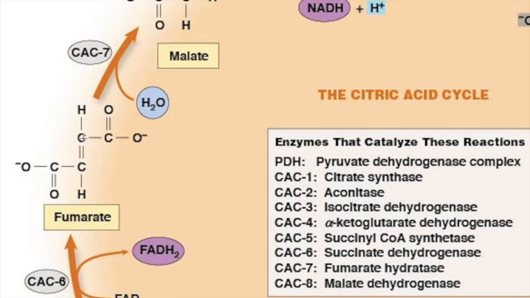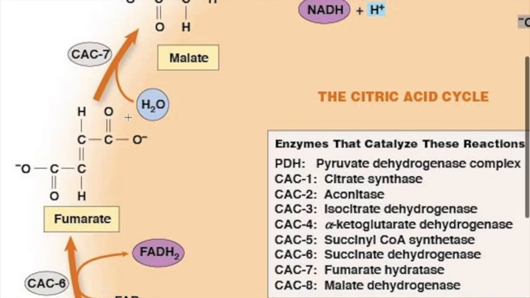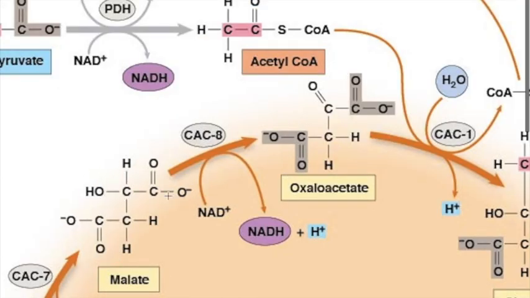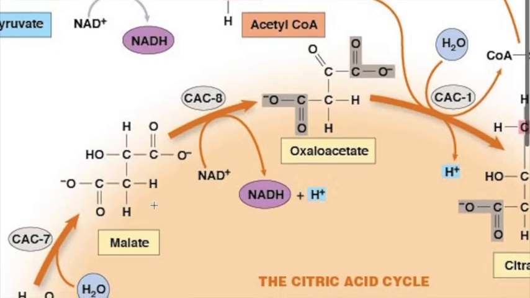This double bond is ripe for the picking for a hydroxide group to be added in. So in the next step, in the seventh step of the citric acid cycle, we add a water molecule to add a hydroxide group, shown here, and a hydrogen group here to break up that double bond that was originally here. So now we can take this molecule here, which is now called malate.